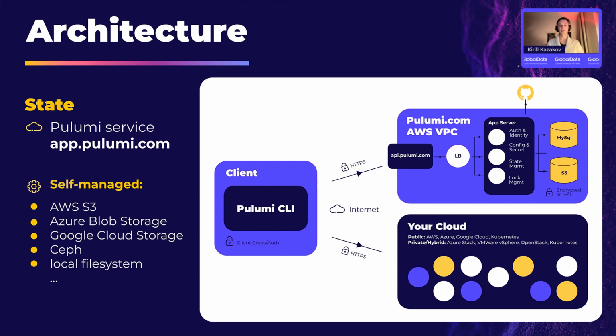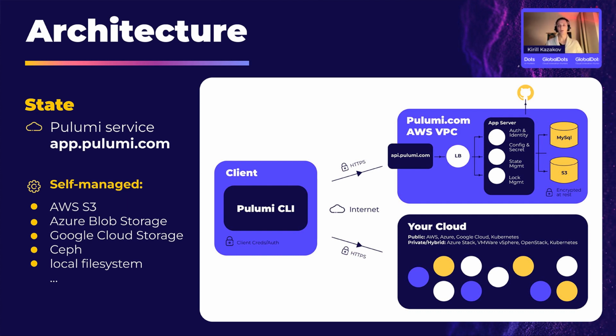The difference here is that by default, the service app.pulumi.com is used, somehow similar to Terraform Cloud. In addition, you can view the history of state changes and current resources on this portal. It's very convenient, I guess.